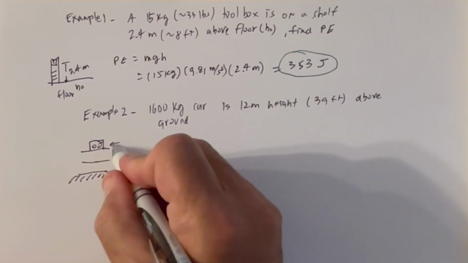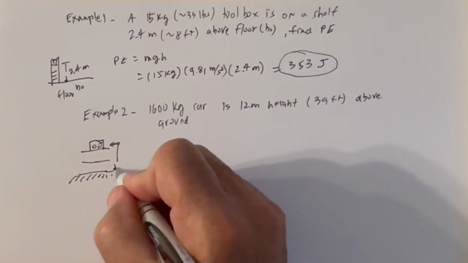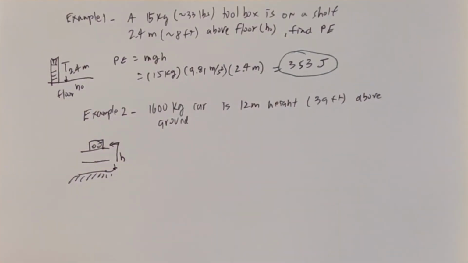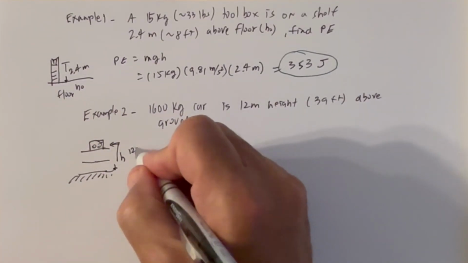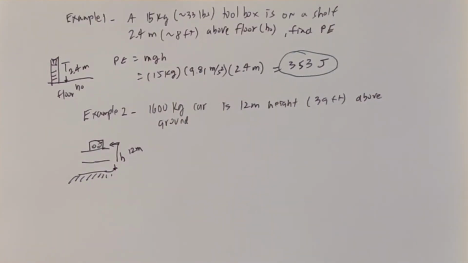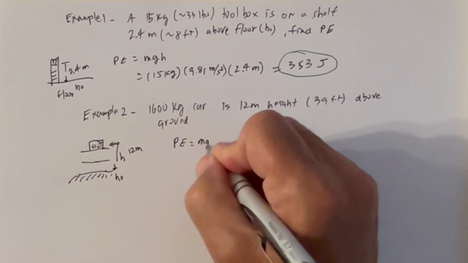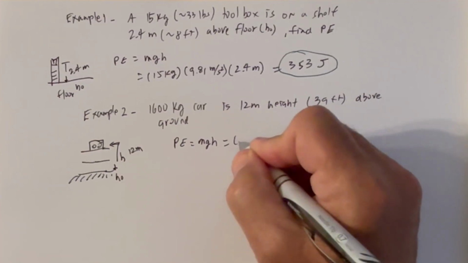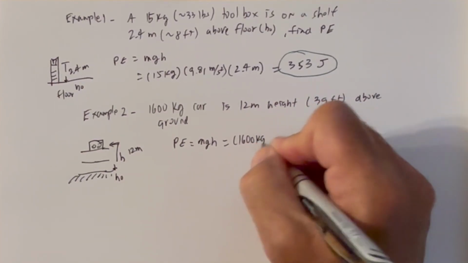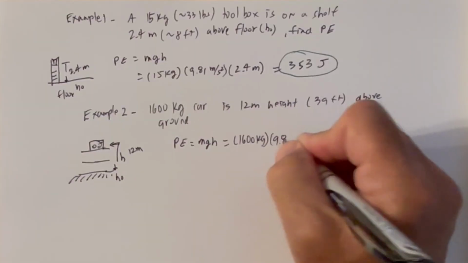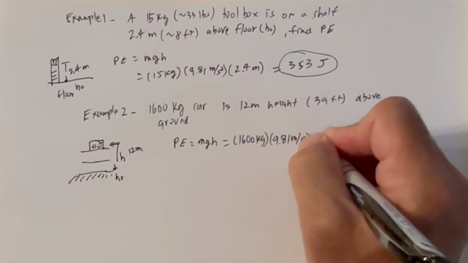And so the height of our car up here, that's going to be h. That's going to be 12 meters. And so our h0 here is going to be the ground level of this parking garage. So our potential energy is mgh. Our mass is 1,600 kilograms. g is 9.81 meters per second squared.